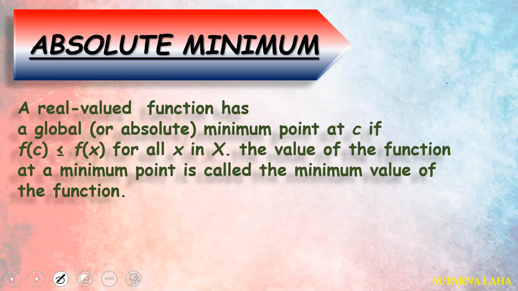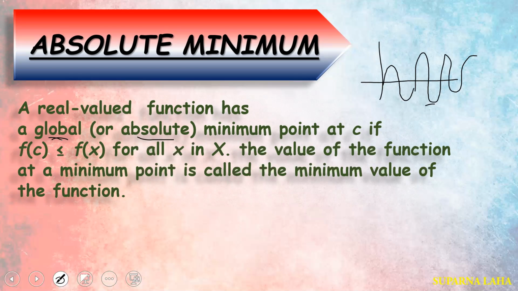Similarly, more than one local minima can exist, but only one absolute minimum value can exist in a certain interval. So I think the concept is clear for local maximum, local minimum, absolute maximum and absolute minimum. Sometimes the absolute maximum or minimum is called global maxima or global minima.